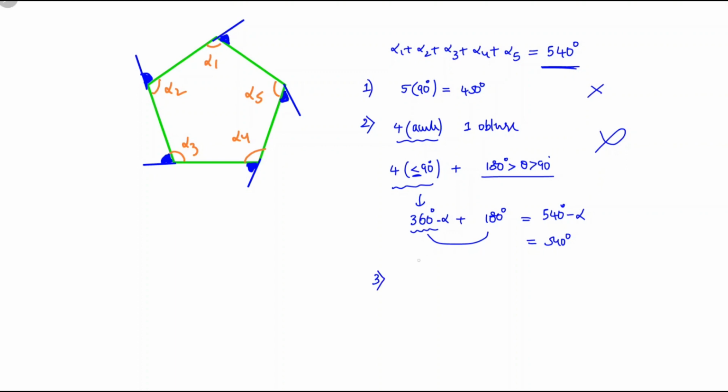Now let us check for 3 acute angles. Now for 3 being acute and 2 being obtuse, for 3 acute it will be 3 times less than 90 degrees plus 2 times an angle lying between 90 and 180.